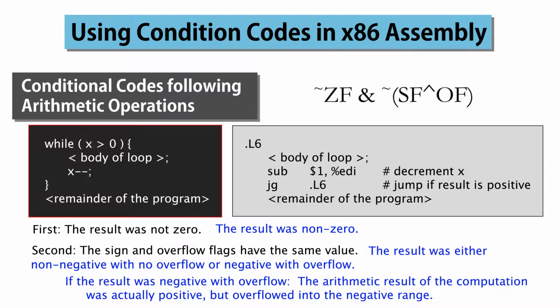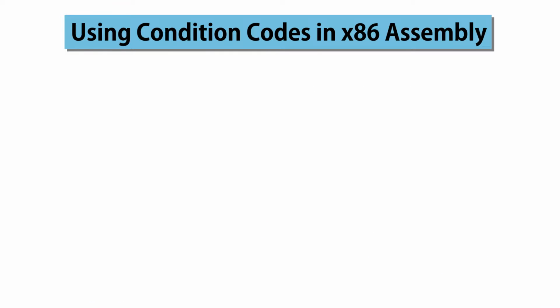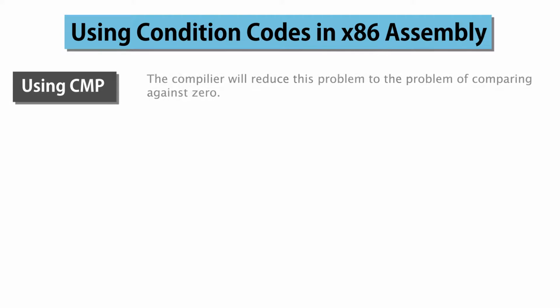Jump if greater and the other conditional jump instructions of the x86 allow for testing a variety of conditions expressed as logical formulas over the condition code flags. Typically, these involve comparisons between a result and 0. But what if you need to compare two arbitrary values, rather than compare a single value to 0? The compiler will reduce this problem to the problem of comparing against 0.